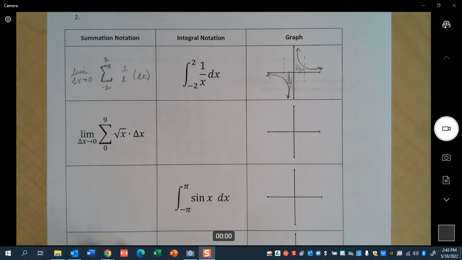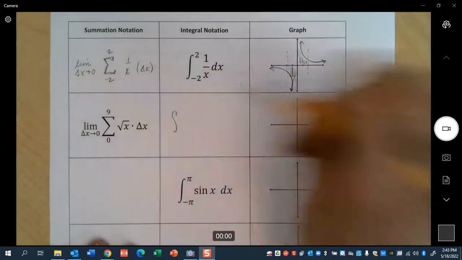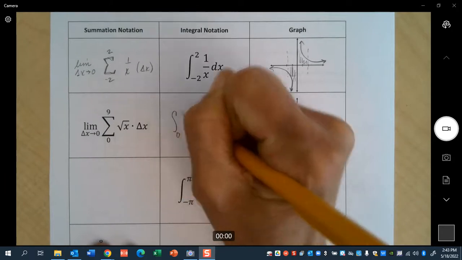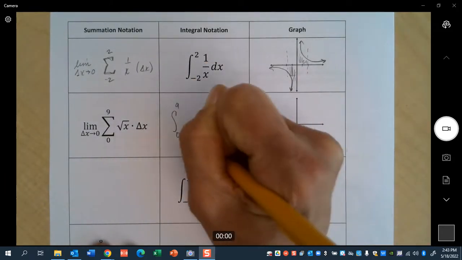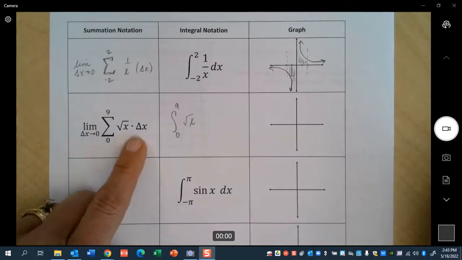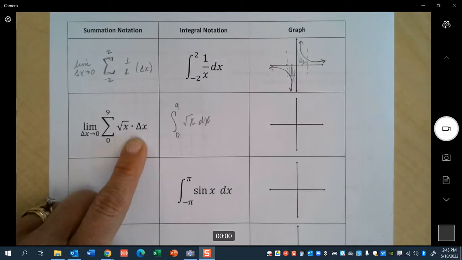We have it in summation notation, so we can instead write it as an integral, with our lower bound and our upper bound of our function. When the change of x becomes so very small, that's what we refer to as dx.